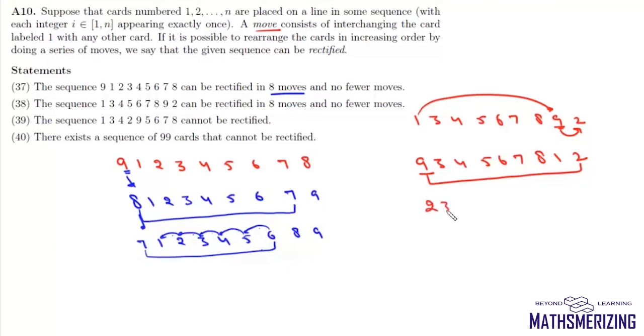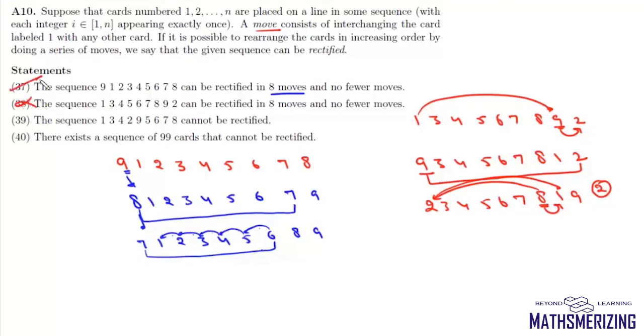So now we have 2, 3, 4, 5, 6, 7, 8, 1, and 9. Next, we'll place this 8 here, and for this again we have to interchange it with 2 and then with 1. So for each placement, we need at least 2 moves. So it is not possible to rectify the sequence in 8 or fewer moves. So this 38 is incorrect.